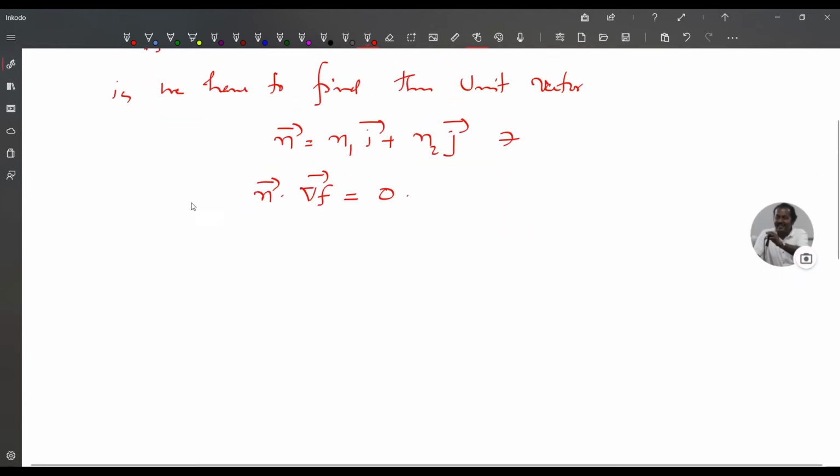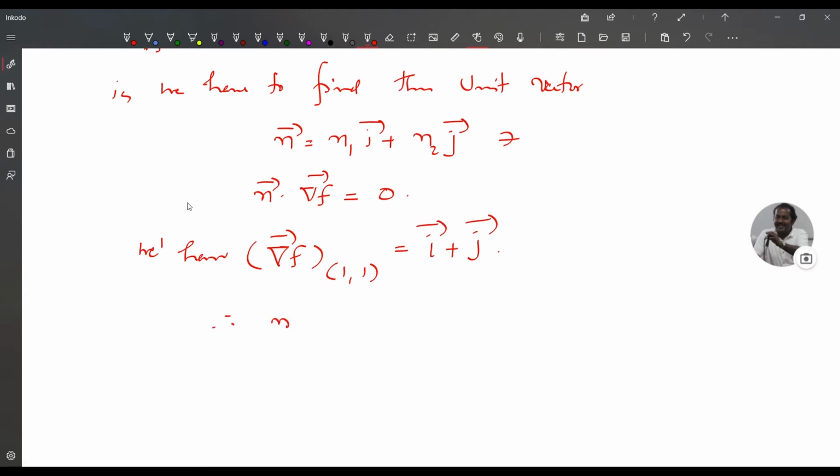We have del f at (1,1) is i plus j. Therefore, n dot del f equal to n1 i plus n2 j dot i plus j.